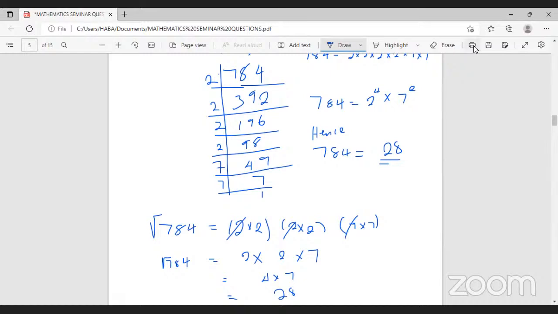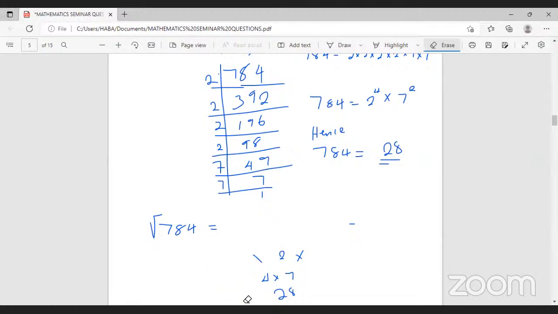Or another way, we can say that this is the same as after grouping 2 times 2, then 2 times 2 again, then 7 times 7.